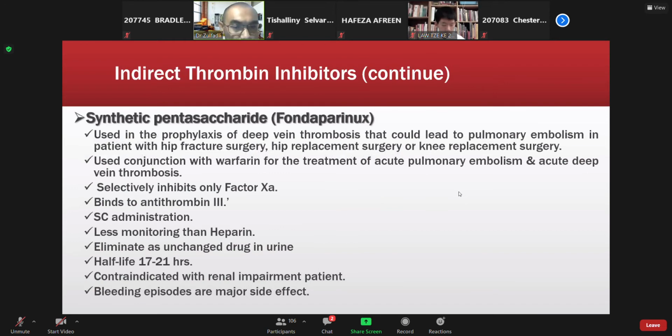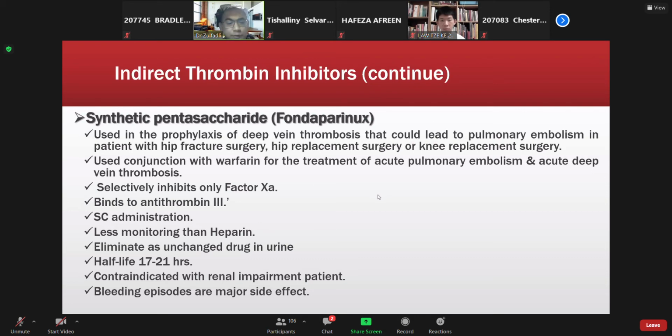Next, we are talking about fondaparinux. Fondaparinux is used as prophylaxis for deep vein thrombosis that can lead to pulmonary embolism in patients with hip fracture surgery, hip replacement surgery, or knee replacement surgery. So fondaparinux is an option for the post-operative patient.